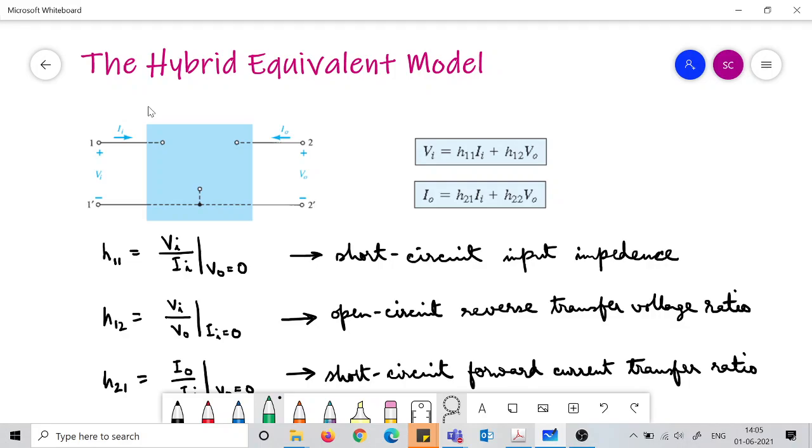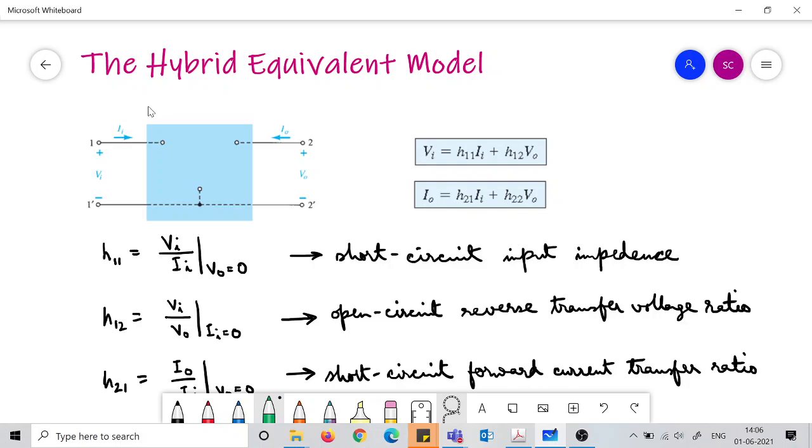For each BJT we can identify how it is configured, whether it is a common emitter, whether it is a common base, whether the emitter resistance is bypassed or not. All these things we can notice by just observing the circuit, and then we can employ a two-port network in place of that BJT. In this way we can have a connection of different two-port networks, and then we can solve the cascaded system in the manner that we already discussed. So that also we had discussed.